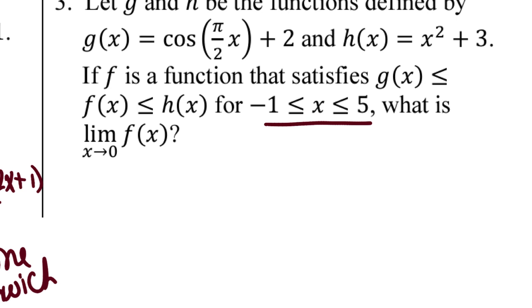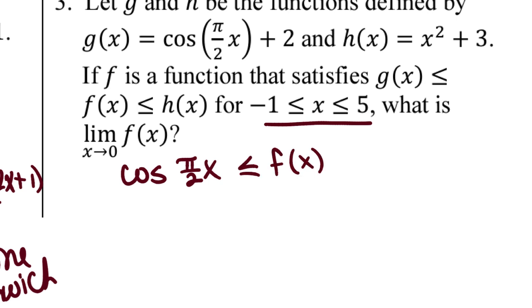And so if one of these has some type of break in it, we don't want that to be part of it. Okay? So when we look at this, we're going from negative 1 to 5. And they're saying that g of x is my lower bound. So I got cosine of pi over 2 x, which is less than or equal to f of x, don't know what it is, which is less than or equal to h of x, which is the upper bound.